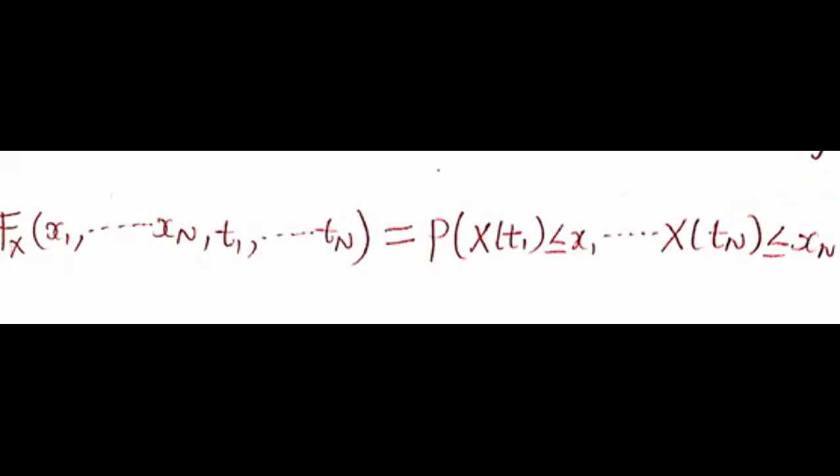This is the equation for the nth random process. What we are finding here is the distribution function of a random process by using these equations, right?